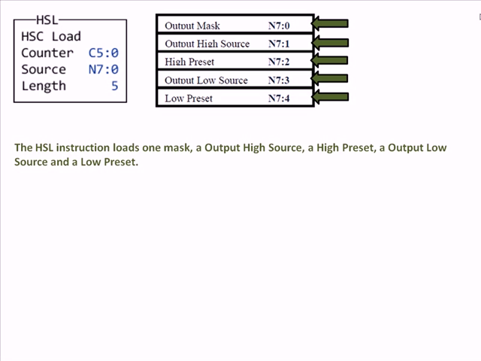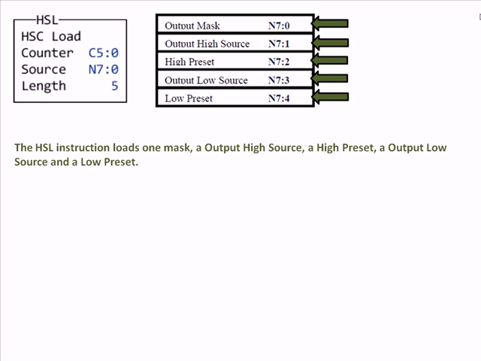So there's only one mask bit pattern, and it's used for both when the accumulate reaches the high preset or when the accumulate reaches the low preset. But it does give you a different bit pattern that you can effect changes in the output state with, based on reaching the high preset or the low preset.